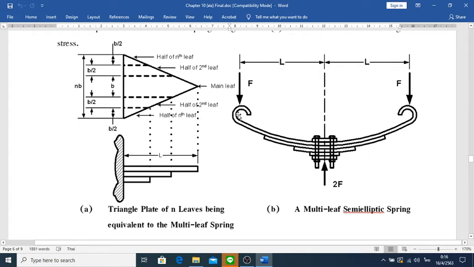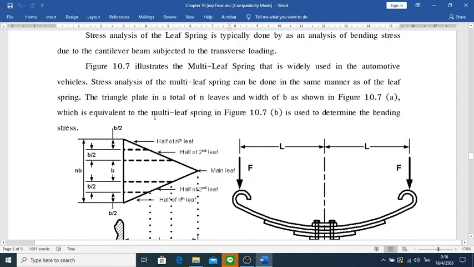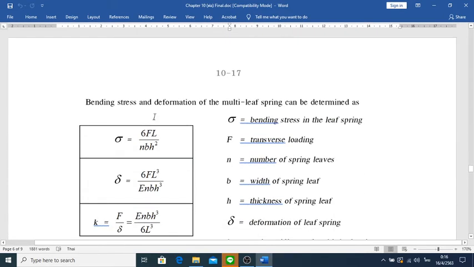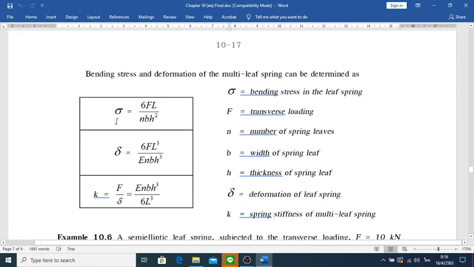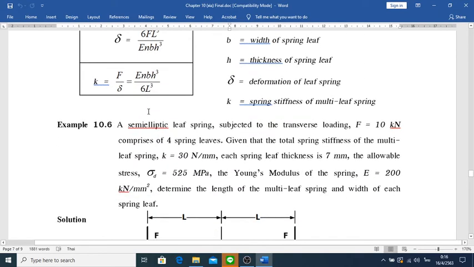It's equivalent to cantilever beams, and then the spring is going to look like a leaf. Since it's a cantilever beam, the calculation is the cantilever beam sigma equal to this type of equation, okay. We have an example like that.